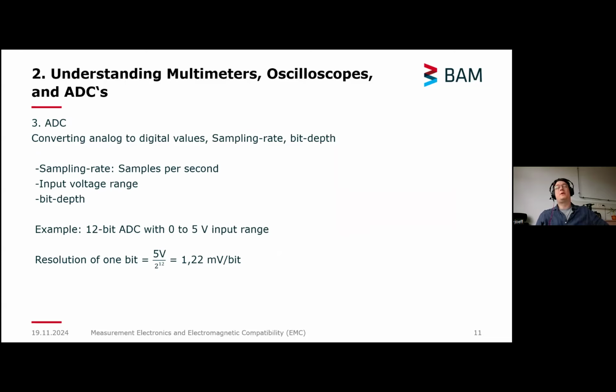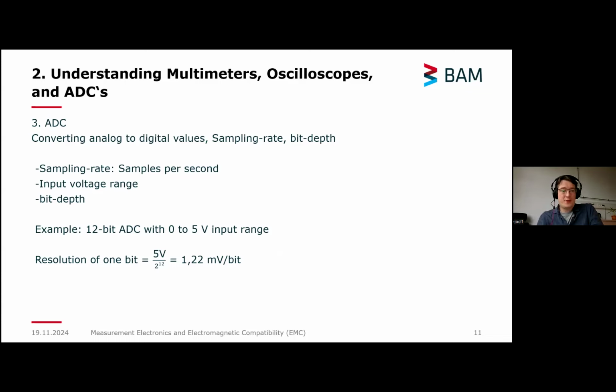The analog digital converters have the sample rate, the maximum samples they can pick up per second. Also, they have the limiting factors of the input voltage range and the resolution they convert the analog voltages.